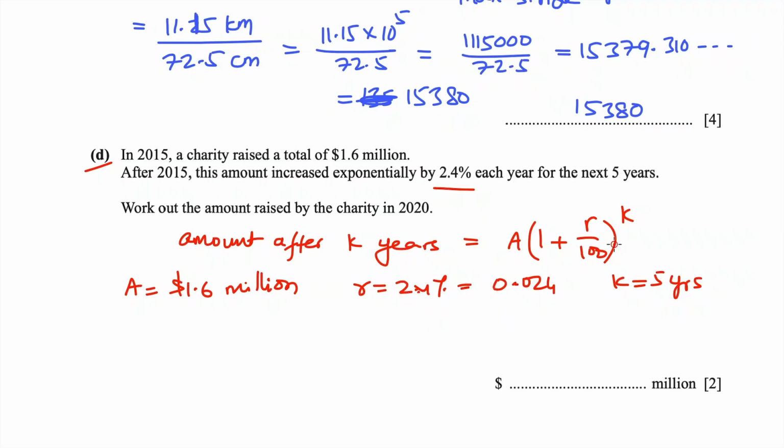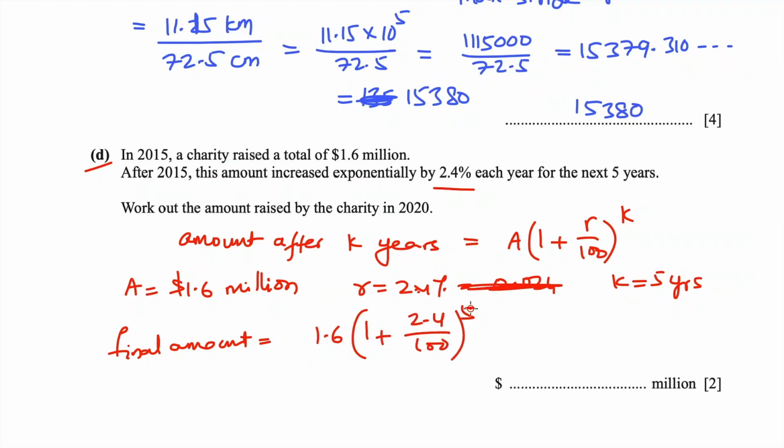So 2.4%, that's it. We need not use 0.024 because we are already dividing by 100 in the formula itself. So therefore, the final amount required is equal to 1.6 into (1 plus 2.4 by 100) whole power 5. This is 1.6 into 1.024 whole power 5.